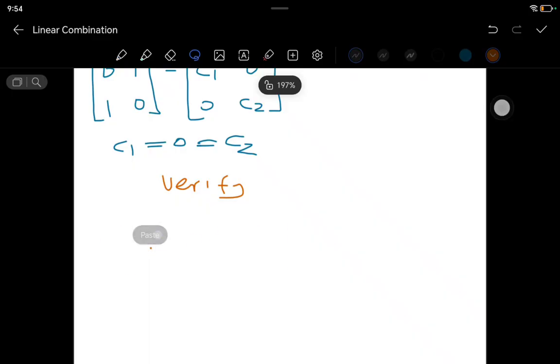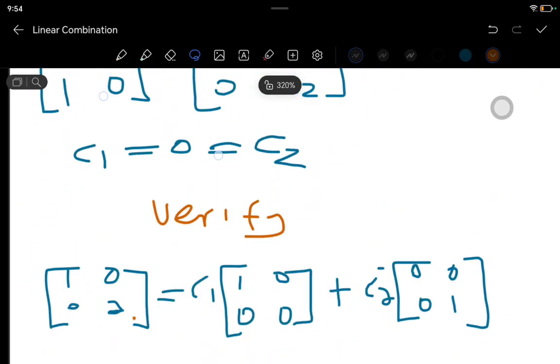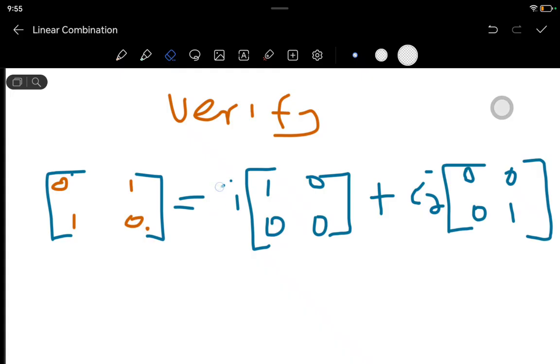Now we need to verify, which is going to come and put this here. Remember, we're only going to change this. We need to verify 0, 1, 1, 0. Then also we need to verify this, which was 0, 0, 0.